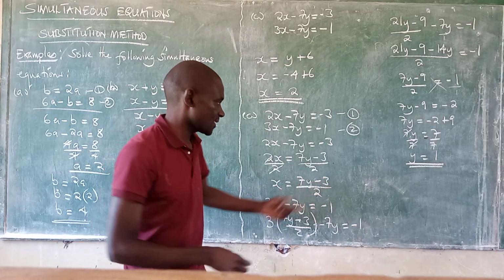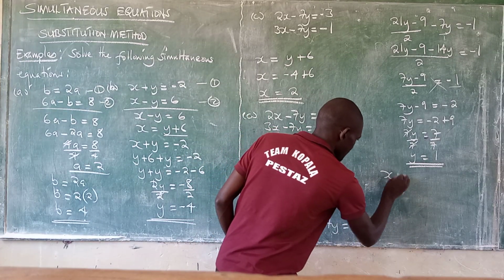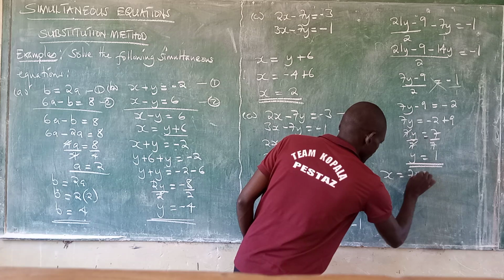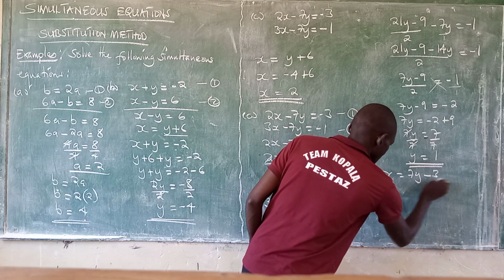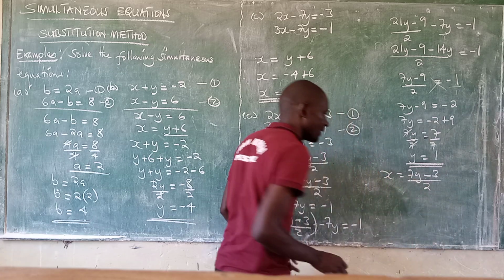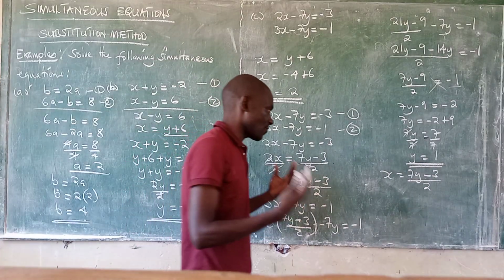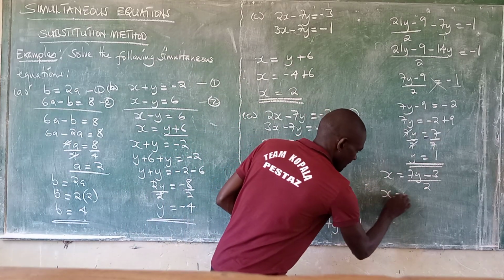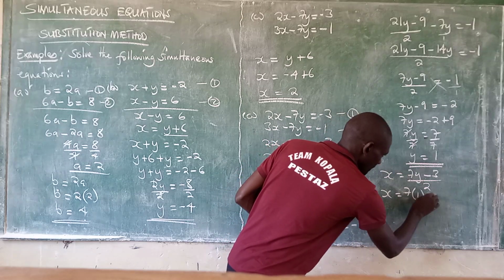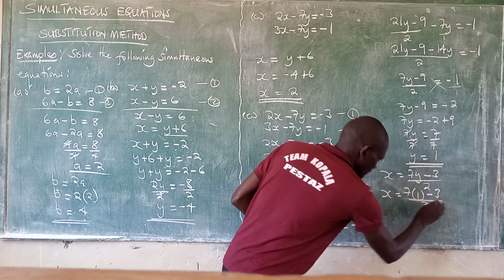Then from there we can pick the one that has x to find x. x is equal to this part. So we are saying x is equal to 7y minus 3 over 2. And then where there is y, the value for y is actually 1. So we now say x is equal to 7 times 1 minus 3 over 2.